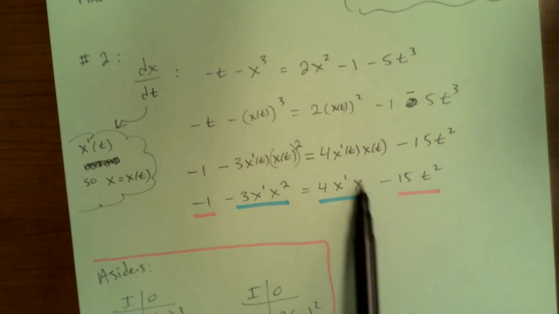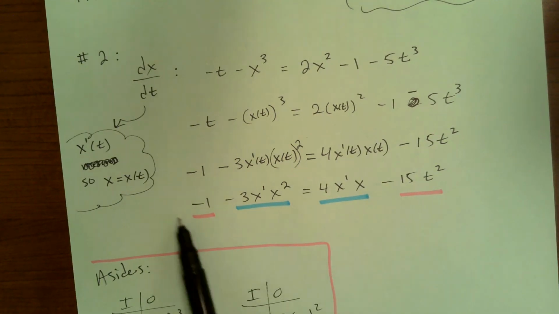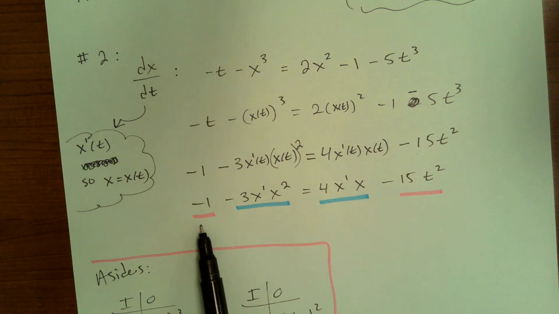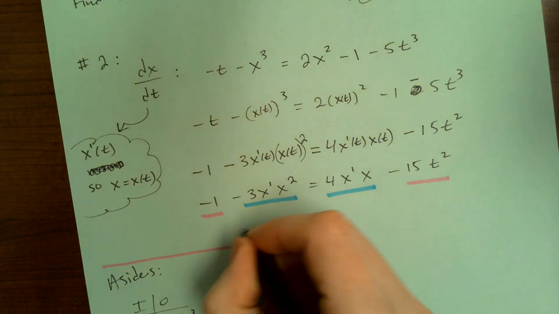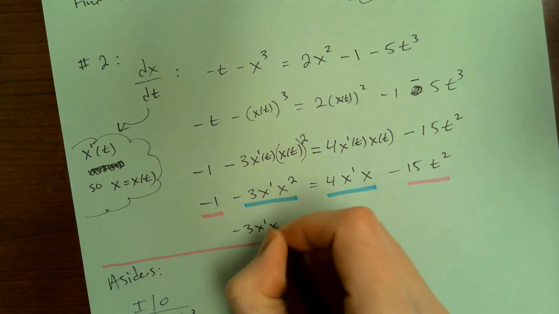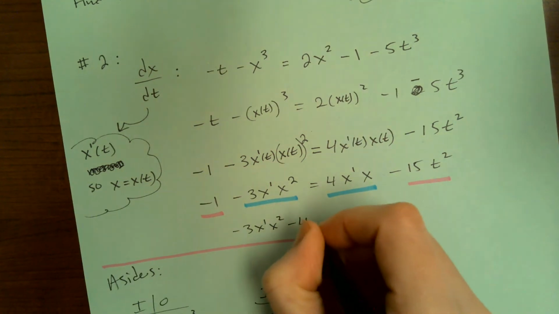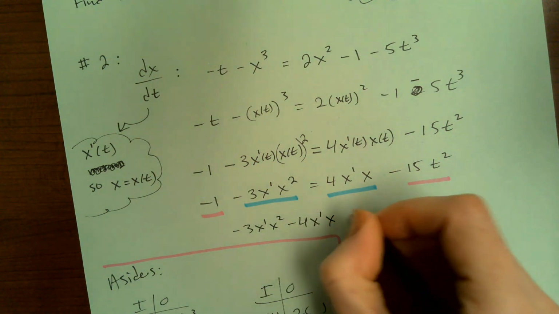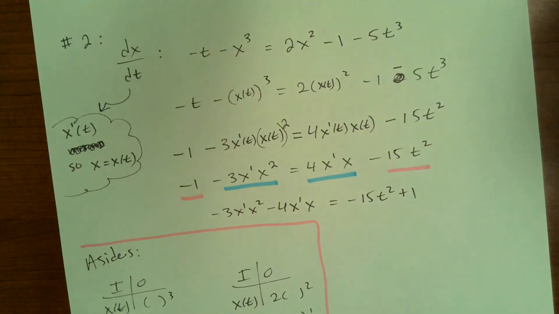So I'm going to subtract this term from both sides to get it over there, and then add this term to both sides to get it over there. So this ends up being negative 3x prime x squared minus 4x prime x equals negative 15t squared plus 1. Okay.